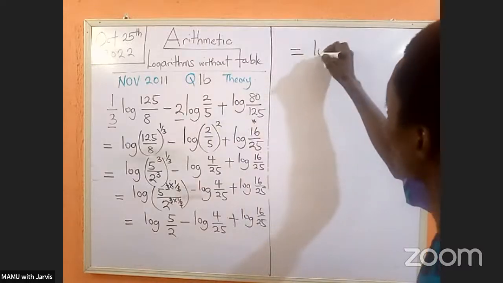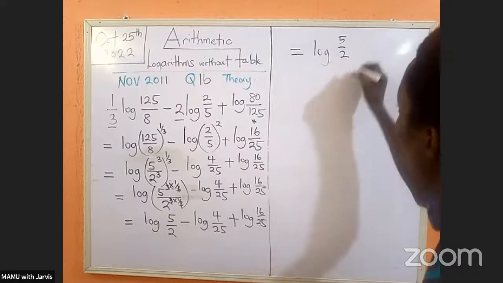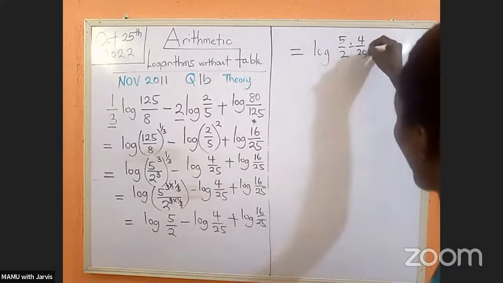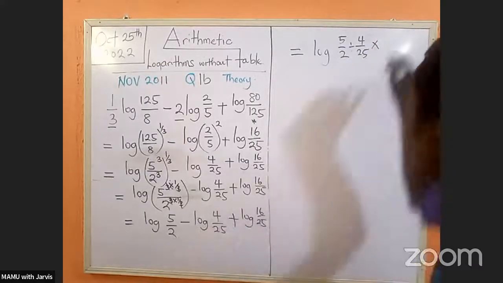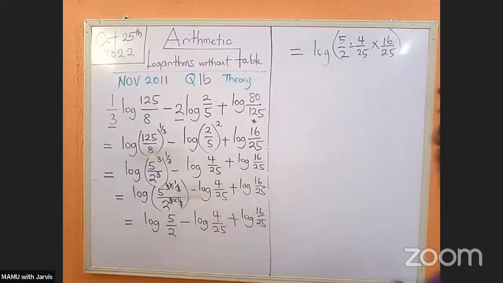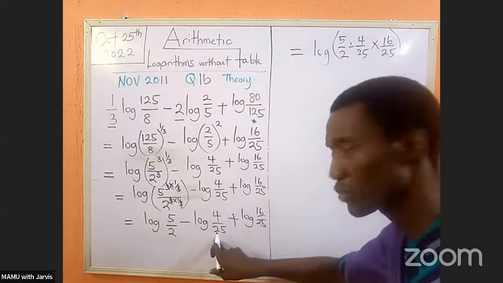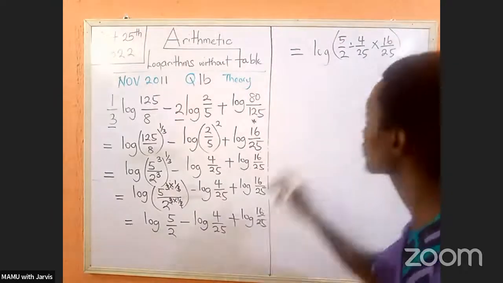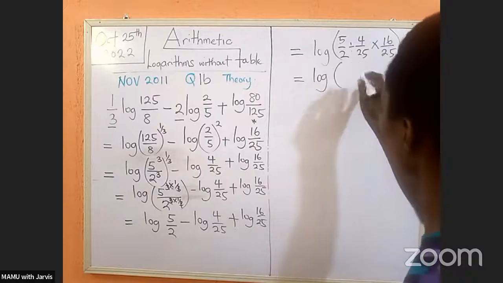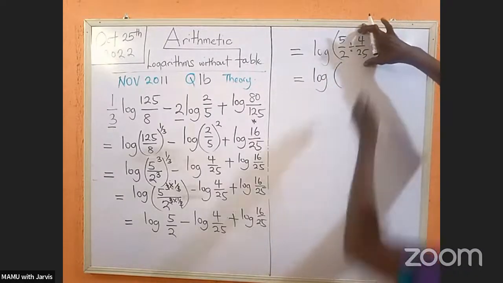This will now be log of 5 over 2 divided by 4 over 25 times 16 over 25. I put it in brackets. Divide these two and then multiply with this. So I'm going to rewrite this. Notice that when we introduce division, it only affects this one. Division always affects just the second term.